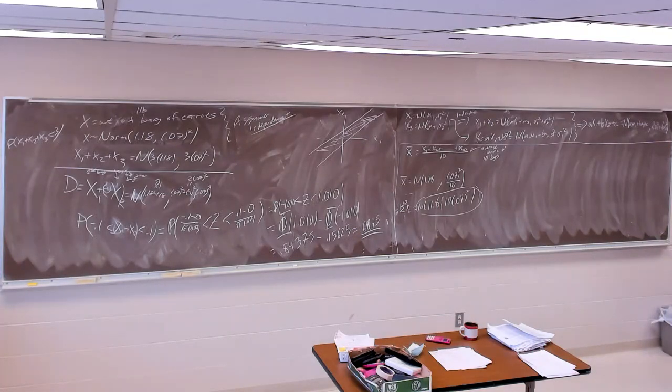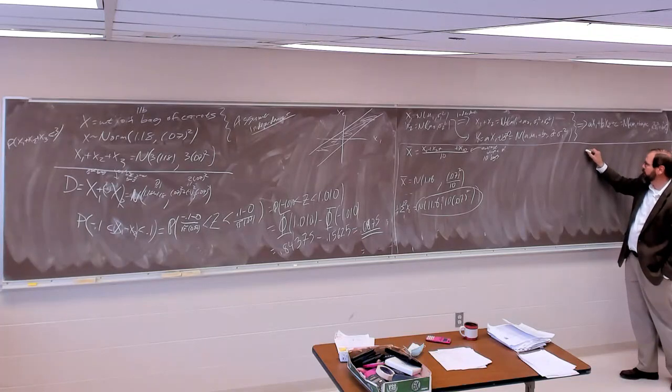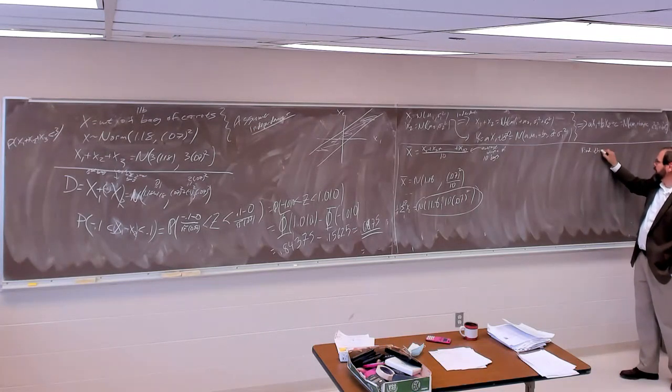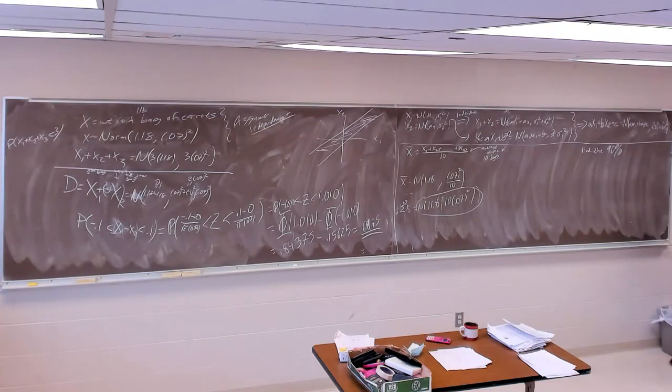So we could ask a question. I gave a couple of questions that look like this off of the homework. Find the 90%, and in statistics we would call this a confidence interval, but let's just call it a probability interval.